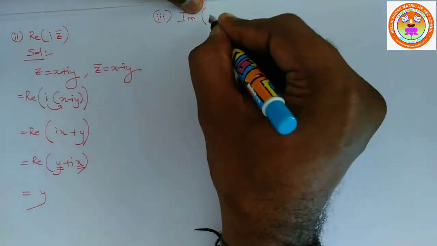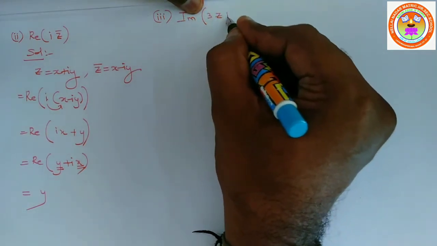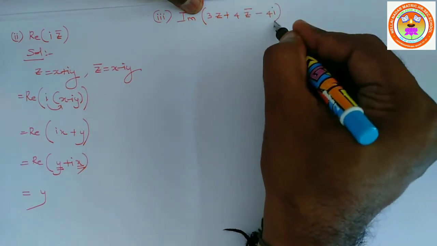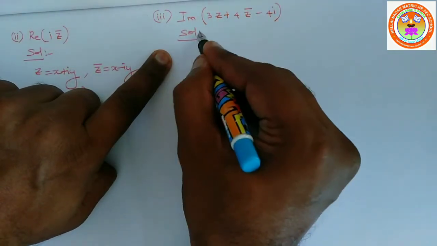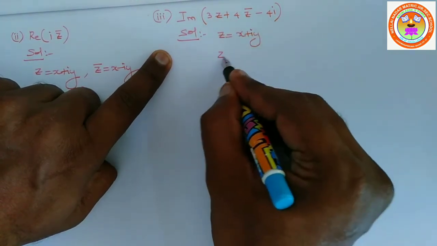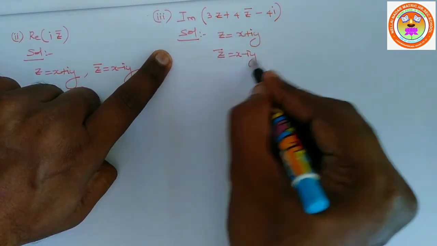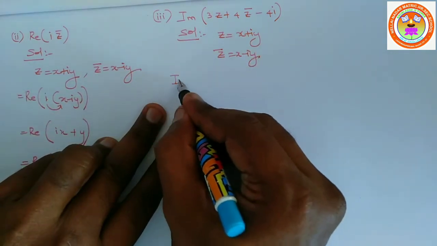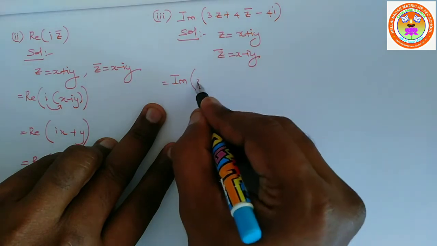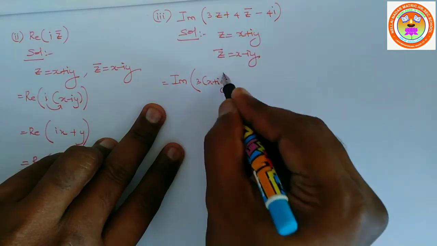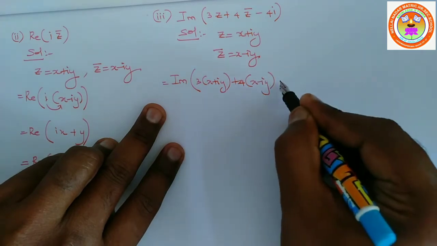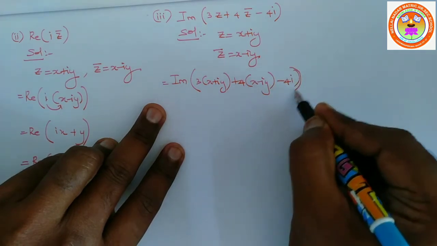Imaginary part of 3z plus 4z bar minus 4i. Solution: we know the given z is equal to x plus iy, and z bar is nothing but x minus iy. Apply here. Imaginary part of 3 into x plus iy, plus 4 into x minus iy, minus 4i, close the whole bracket.